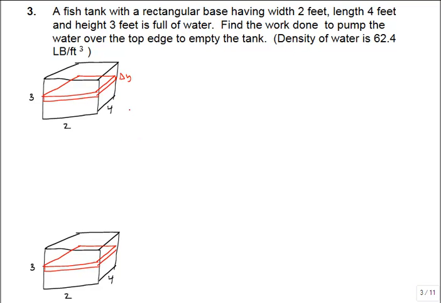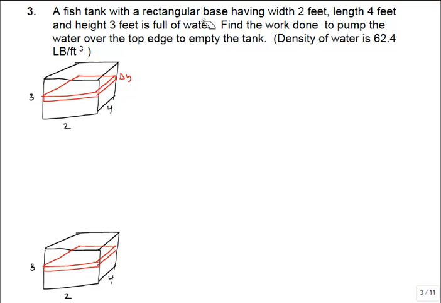So that's its thickness, and we're going to calculate the volume of this slice, and since it's in the shape of a very thin rectangular box, its volume is just its length times its width times its height. So we're going to use that volume formula to come up with this weight.